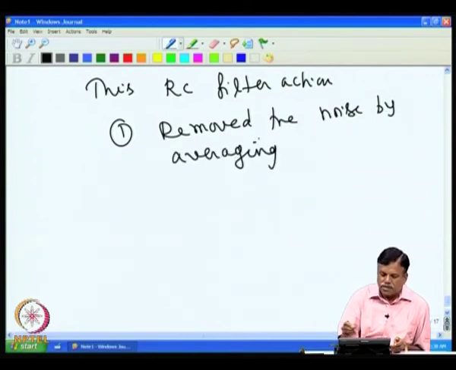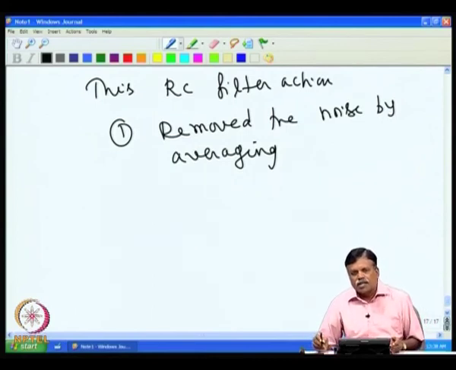Of course, the time constant of RC should be much larger than the frequency components of the noise; only then is averaging possible.